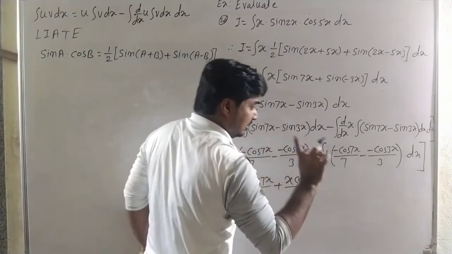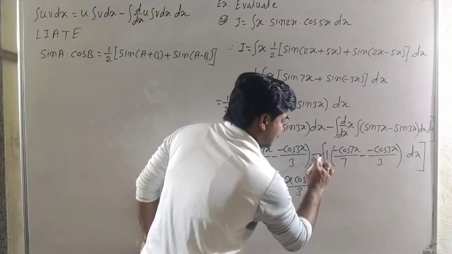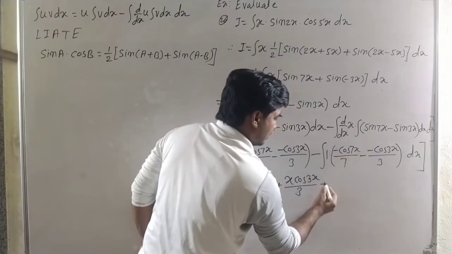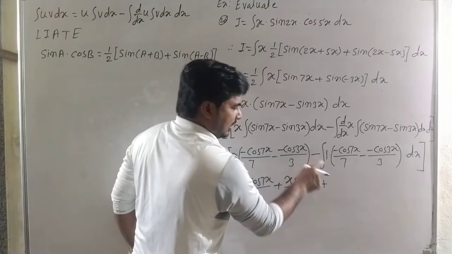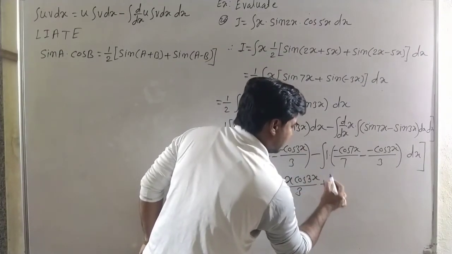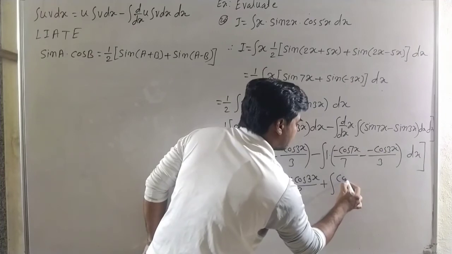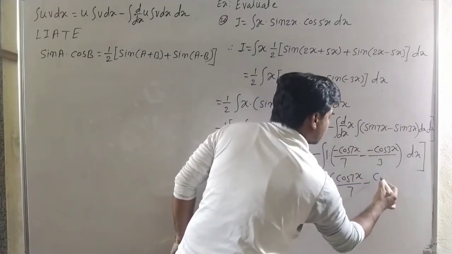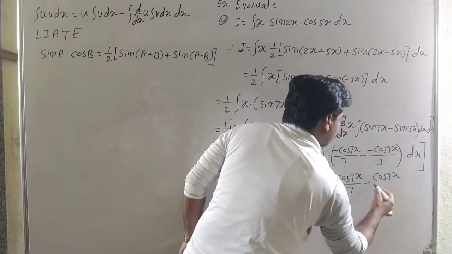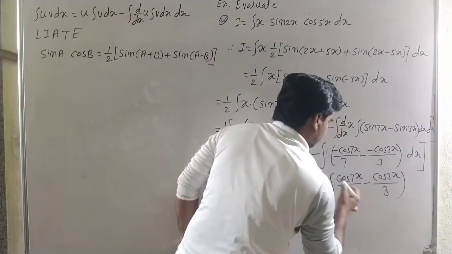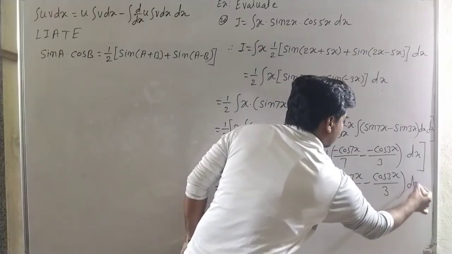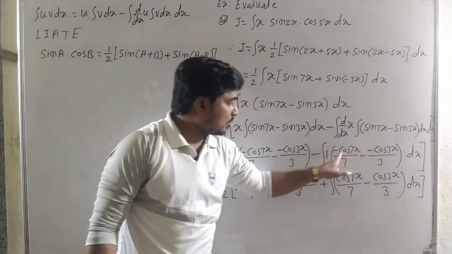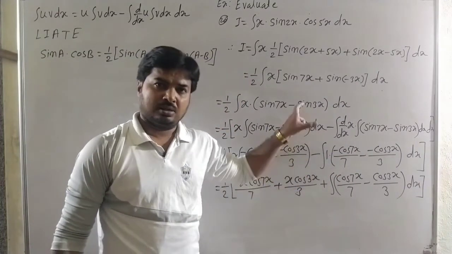And now the second term, see carefully, it is minus, we can take this minus common, so here it is a plus, and then the integral of cos 7x upon 7 and minus cos 3x upon 3 dx. Here we take only this minus common, the rest as it is.